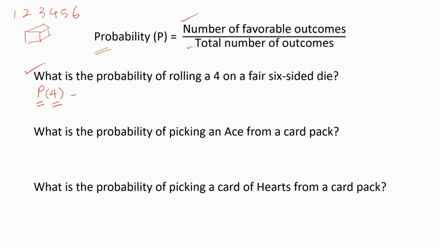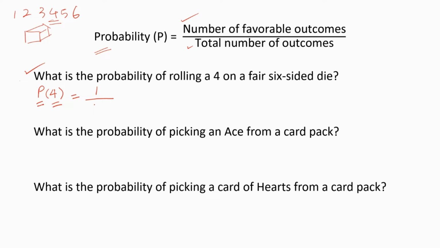So this equals the number of favorable outcomes. How many number 4s are on a six-sided die? There is only one number 4. So the favorable outcomes for this experiment is 1, divided by the total number of outcomes.